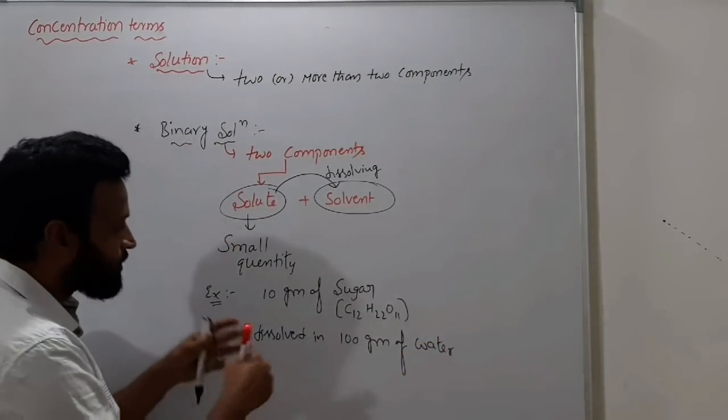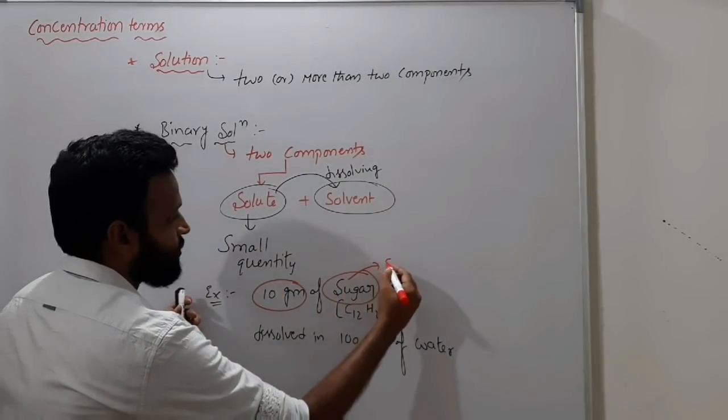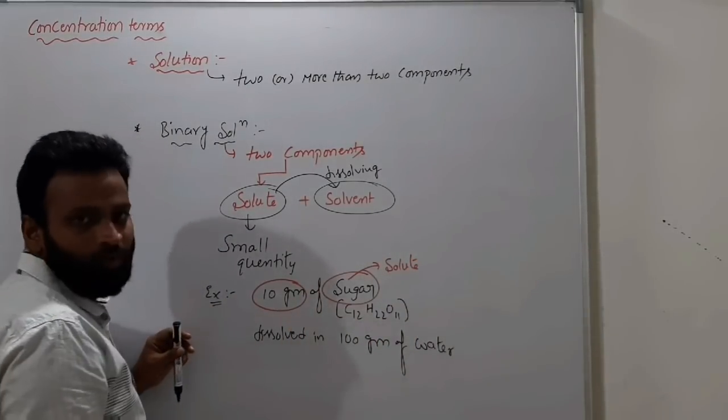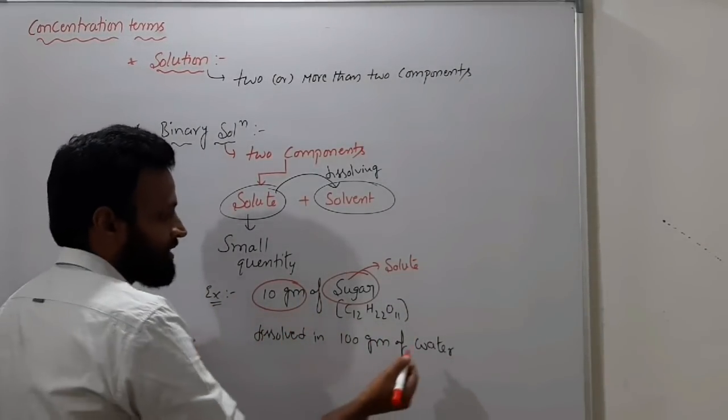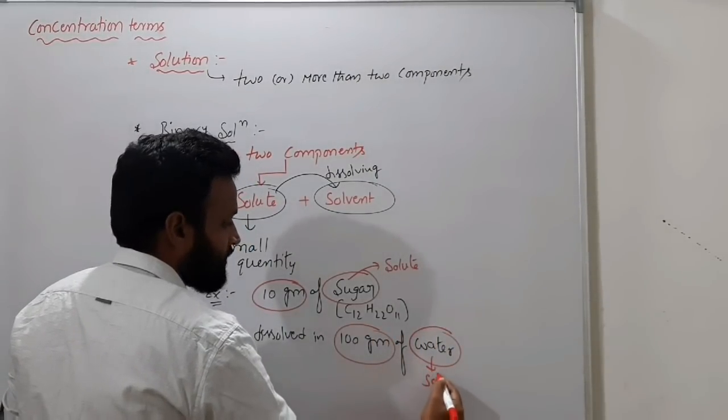So who is solute? The 10 grams of sugar is the solute, because that is dissolving. And in which is it dissolving? In 100 grams of water. So water is the solvent.